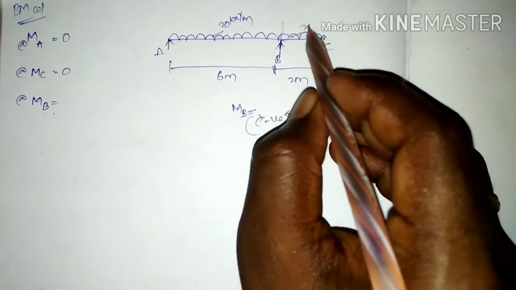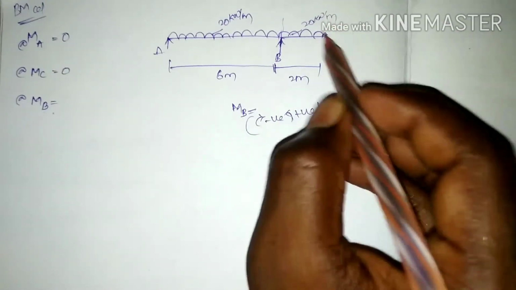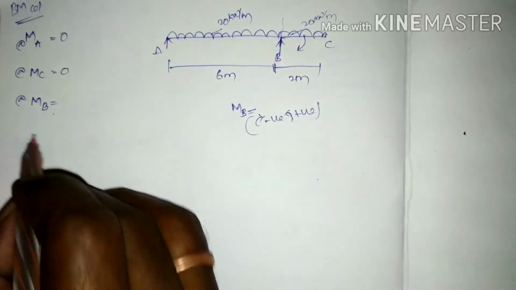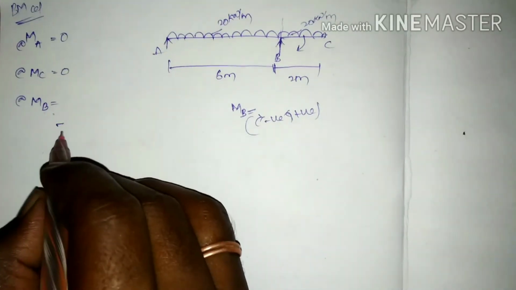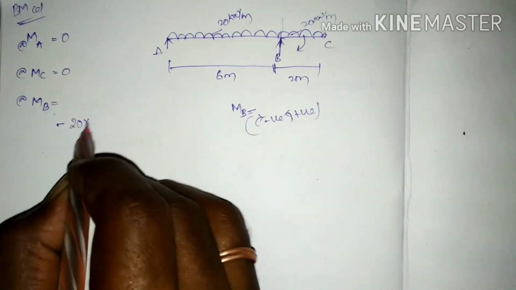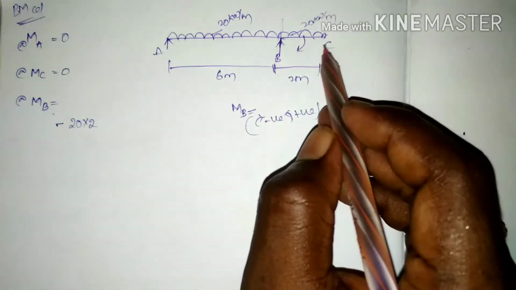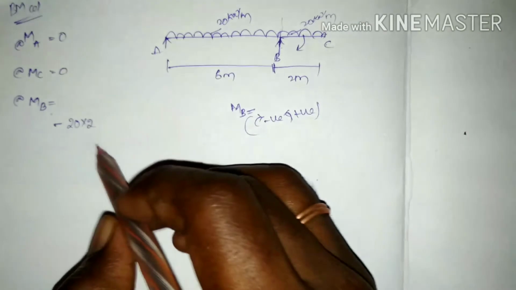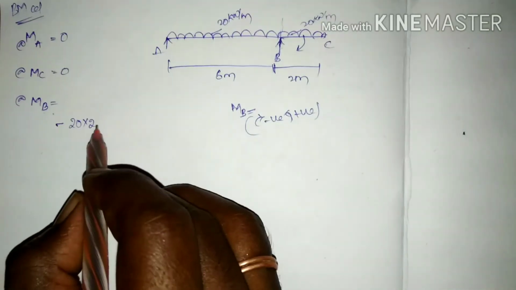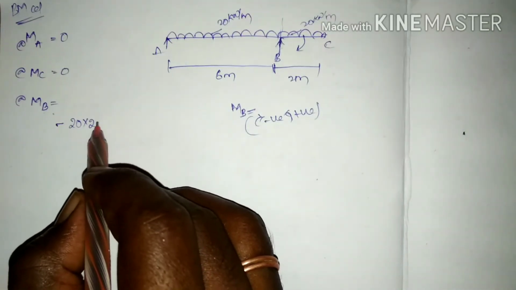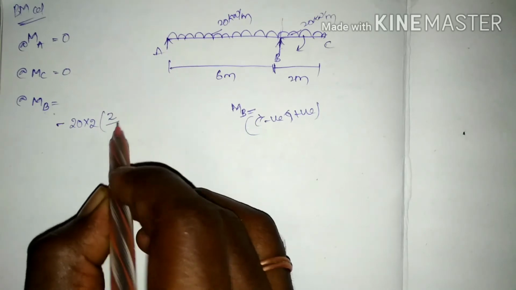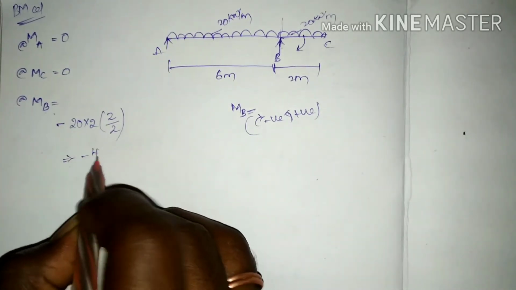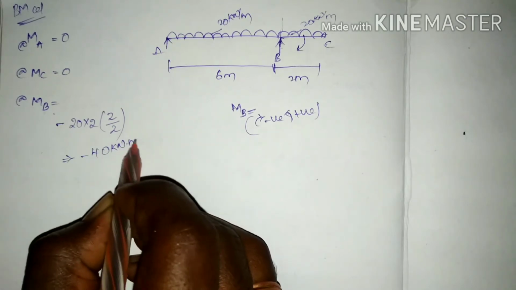We have a UDL of 20 kilonewton per meter, which acts in the clockwise direction, so negative: minus 20 into the distance, which is 2 meters. From C to B, we have only the UDL for 2 meters, so multiplying with 2. This is the moment. Taking the moments from the midspan, the value will be minus 40 kilonewton meter.